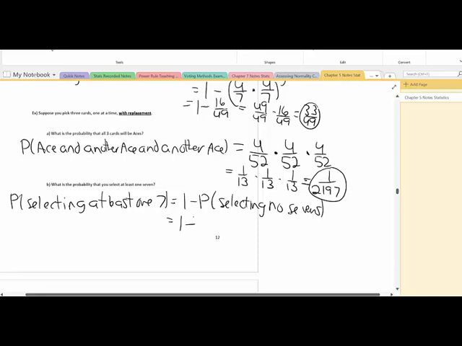Well, there's 4 sevens. 52 minus 4, that's 48 out of 52. Again, this probability does not change, so it's 48 out of 52 for the second non-7. And selecting the third non-7 is 48 out of 52. Well, that simplifies to this.